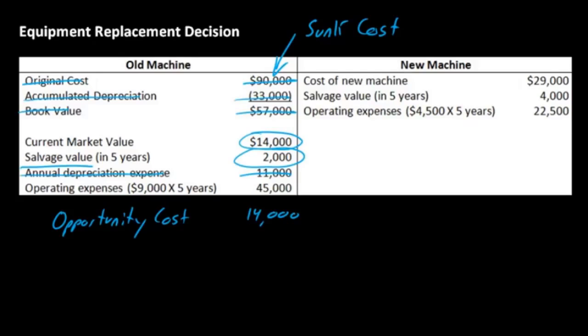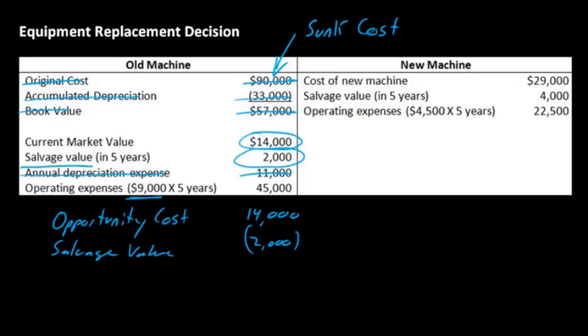However, if we decide to keep the old machine, we will get some of that back in 5 years because this machine has a salvage value of $2,000. So we'll get this $2,000 back in 5 years. That's really going to reduce my cost. So the salvage value, if we decide to keep the machine, will reduce the total cost by $2,000. And then I have my operating expenses.